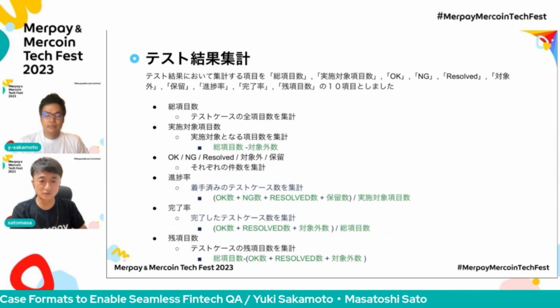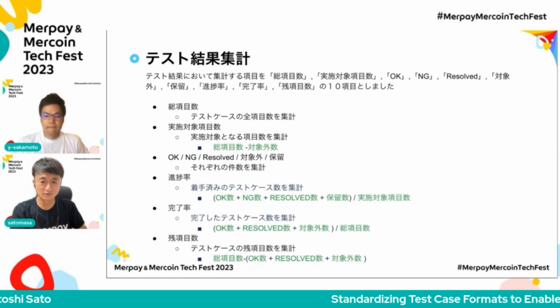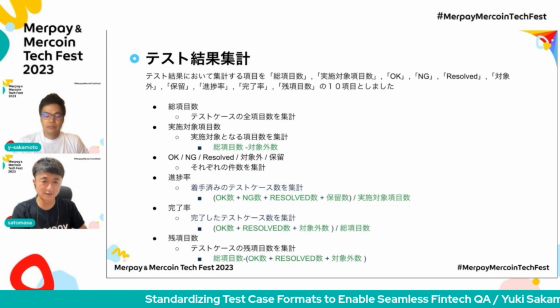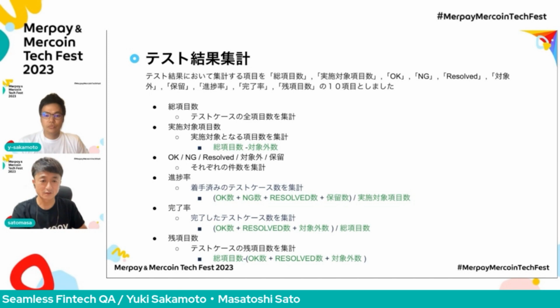And in the test aggregation, we have decided the items to be aggregated to be specific: the number of items in the target, OK, NG, resolved, out of scope, reserved, progress, completion rate, and related remaining items. And we decided the items, and also the calculation method for each item was decided.